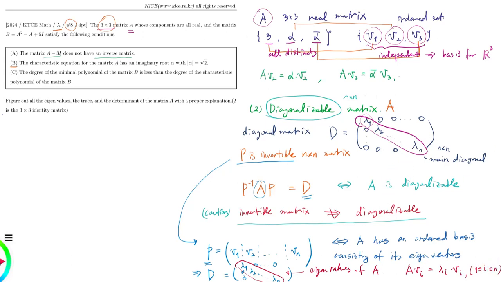If I say more rigorously here, we can say that this matrix A is diagonalizable.